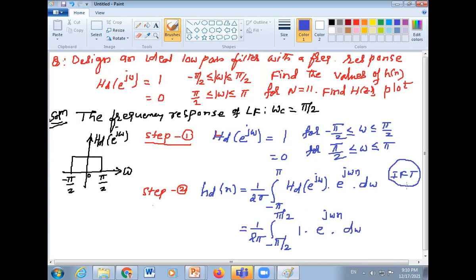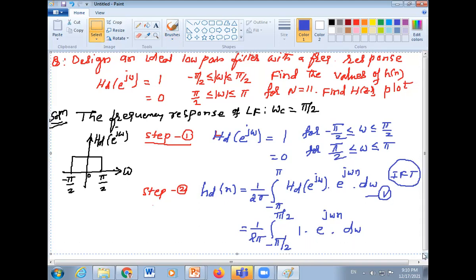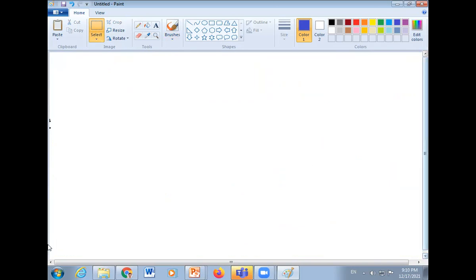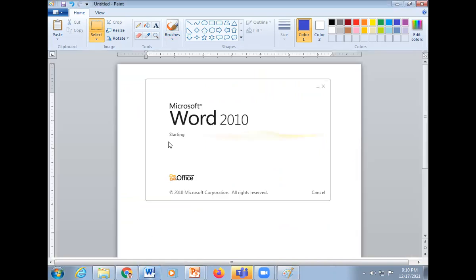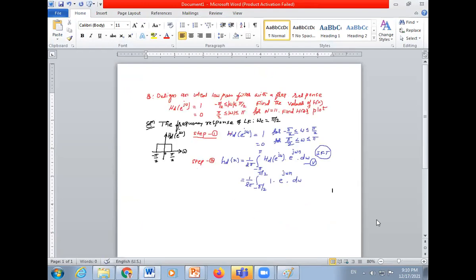Let us call this equation 1. After simplifying this, let me take it down on a separate page so that you can understand again. Okay, I just copied it here.